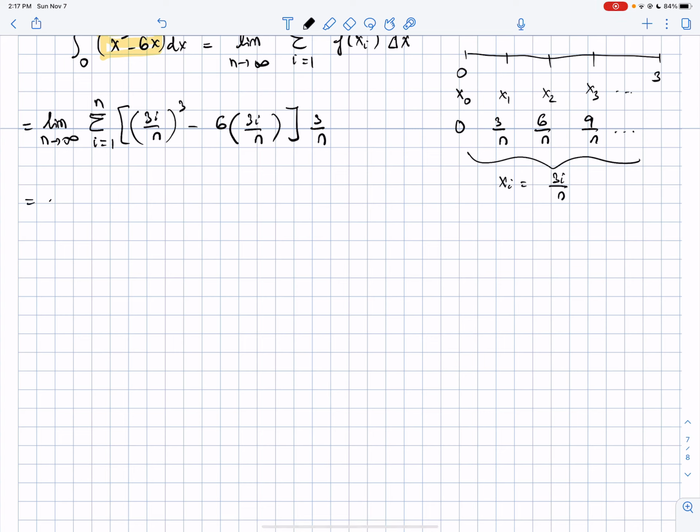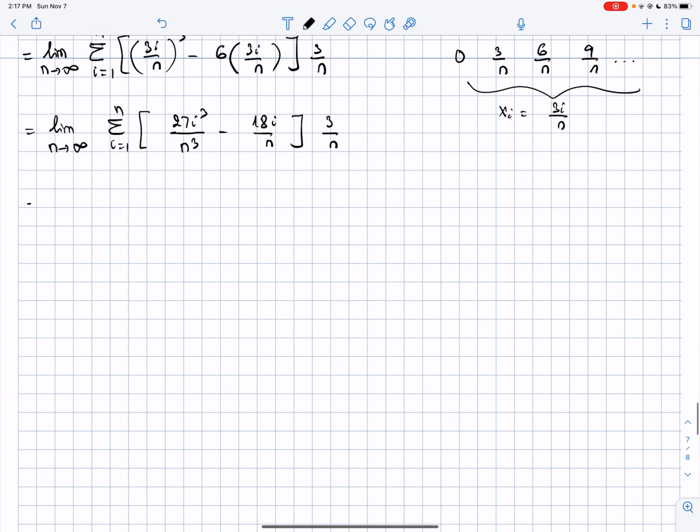So let's simplify this integral. So we have the sum of 27i cubed over n cubed minus 18i over n, and then times 3 over n outside. If we want, we can distribute the 3 over n.